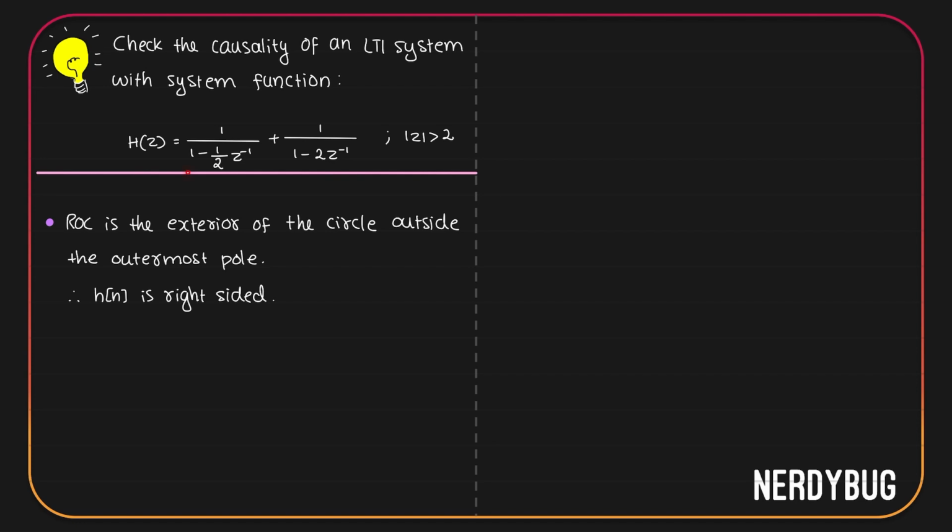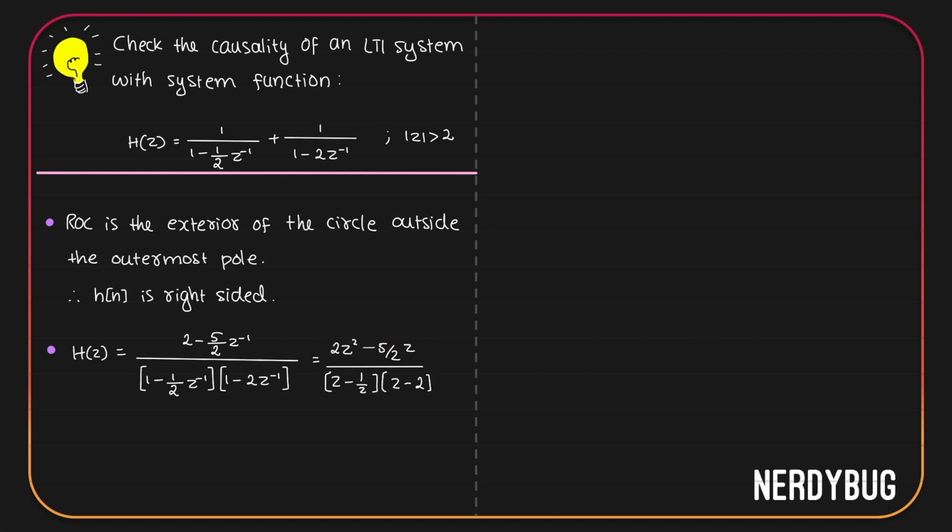H(z) in the question is given as a summation of two terms. If we add both of them, this is what we get: (2 - 5/2 z^-1) divided by (1 - 1/2 z^-1) multiplied by (1 - 2z^-1). To see the degree of the numerator and the denominator properly, let us multiply the numerator and the denominator by z^2.